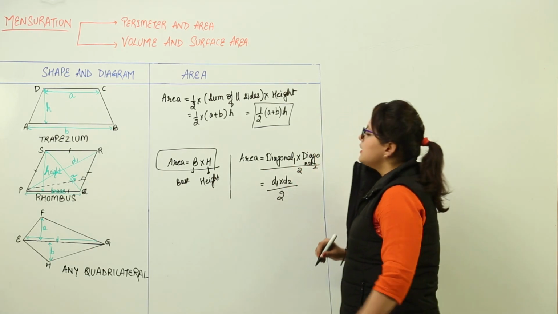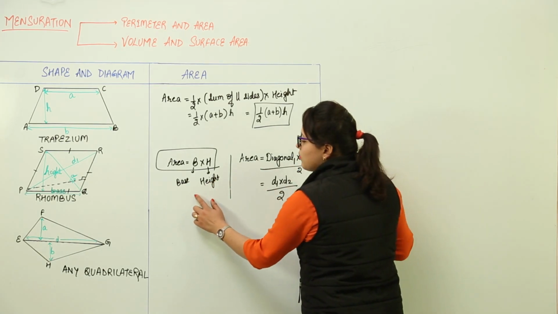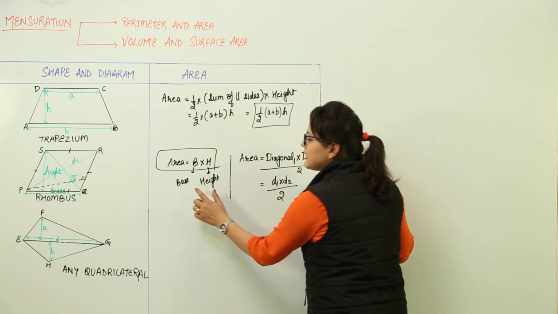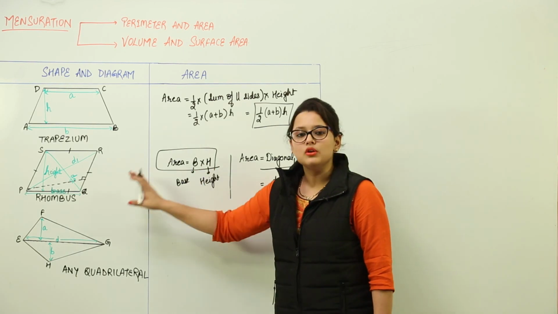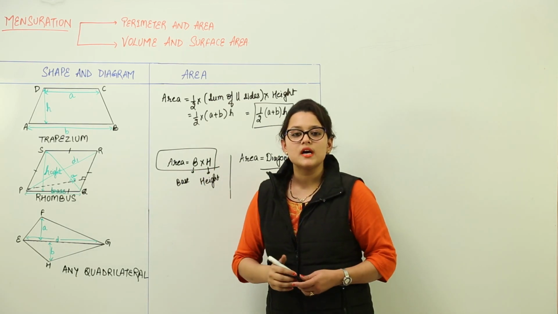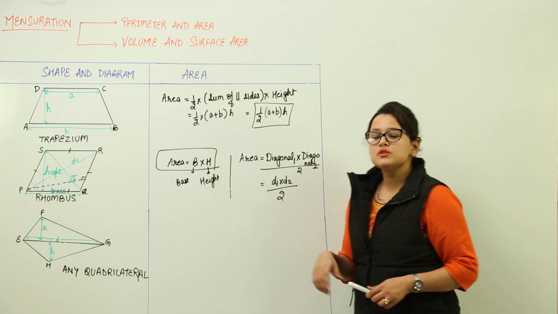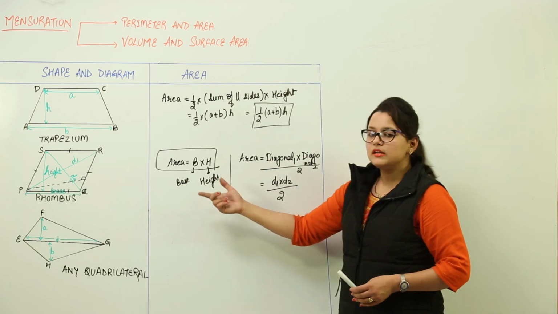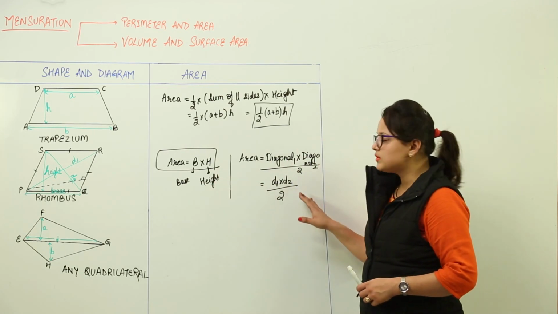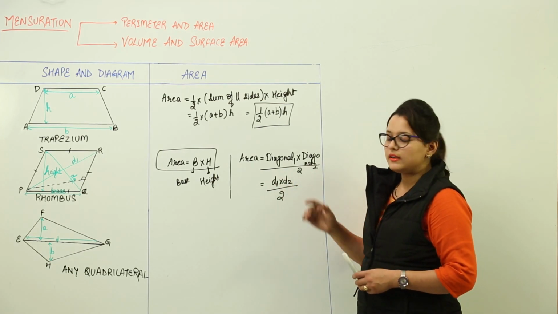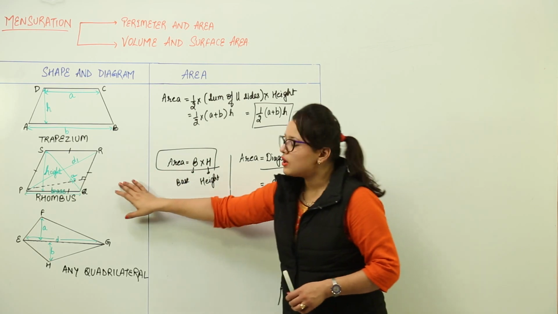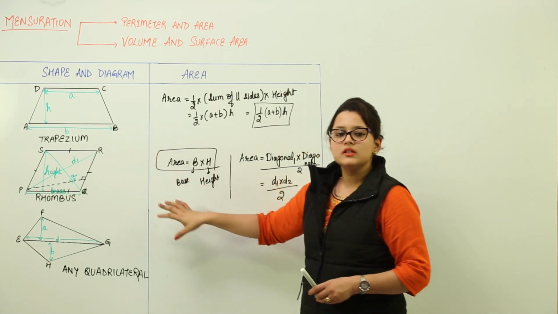That means either you can calculate the area of a rhombus by base into height, that is by doing the product of base and height, if you have the base and height known. If you do not have base and height known to you, you can do the product of the diagonals of the rhombus and divide it by 2. So you can say half of diagonal 1 into diagonal 2 will give you the area for this rhombus.